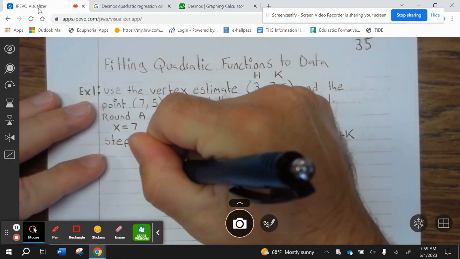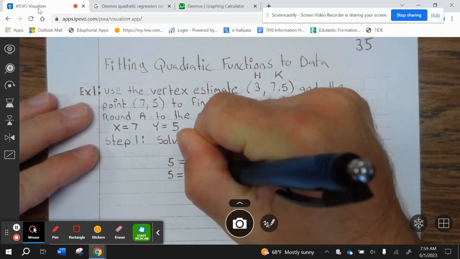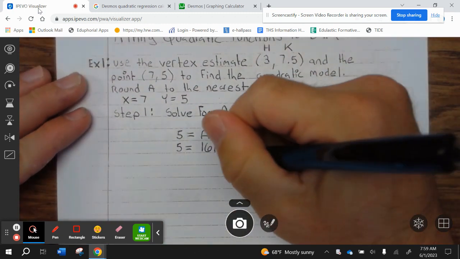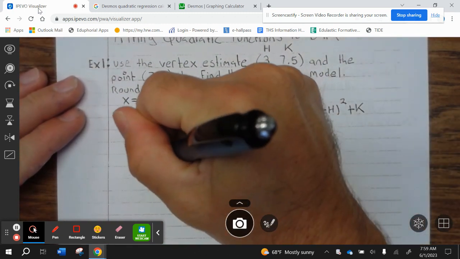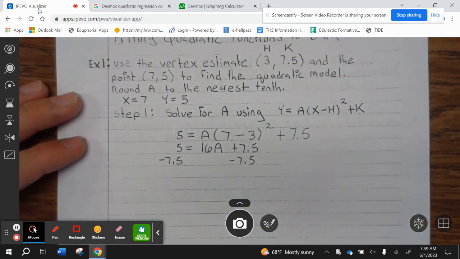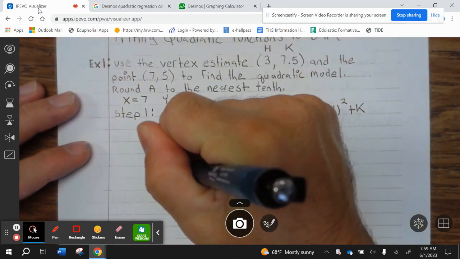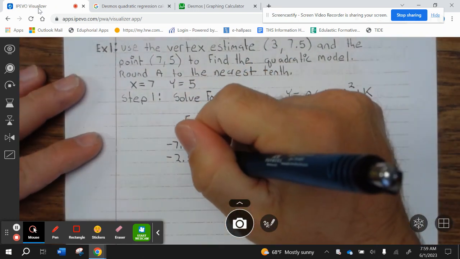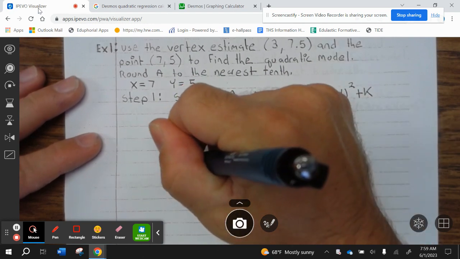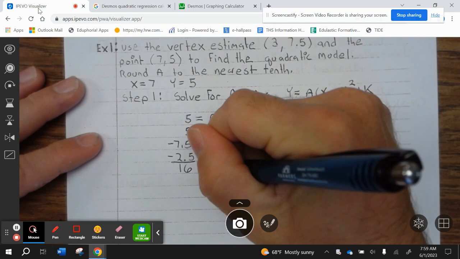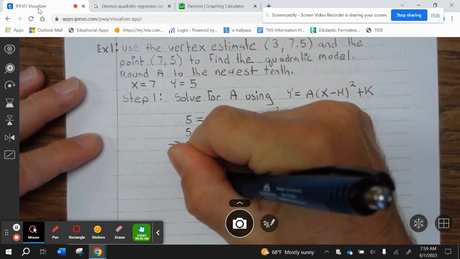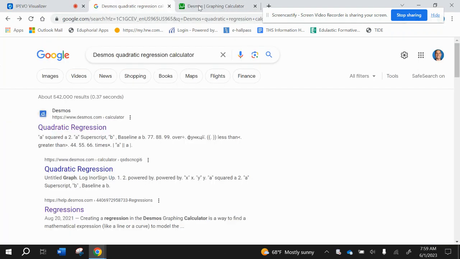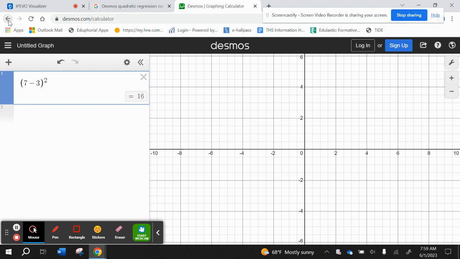So that's 5 equals 16a plus 7.5. Subtract 7.5 from both sides. That's negative 2.5 equals 16a. Divide both sides by 16. So a equals, let's go ahead and put that in a calculator.